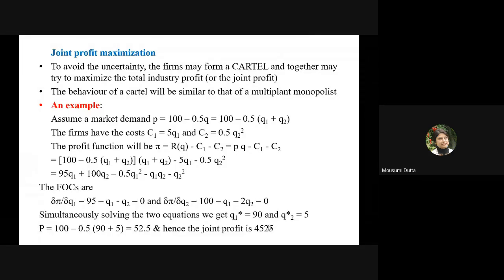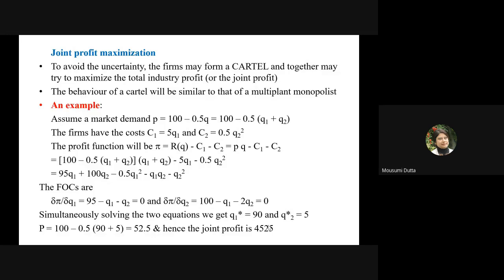Okay, so a cartel is a joint venture. I am producing my commodity using my own inputs, my own plant. However, what proportion of the market will be shared and what the price will be, all these decisions will be joint decisions. After the class, when you get time, please Google for cartel.